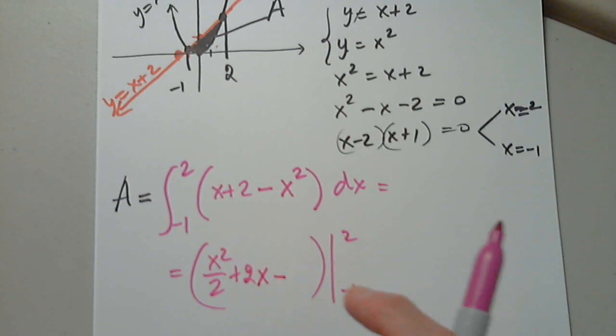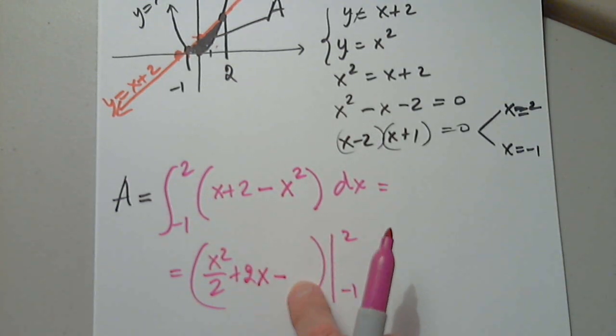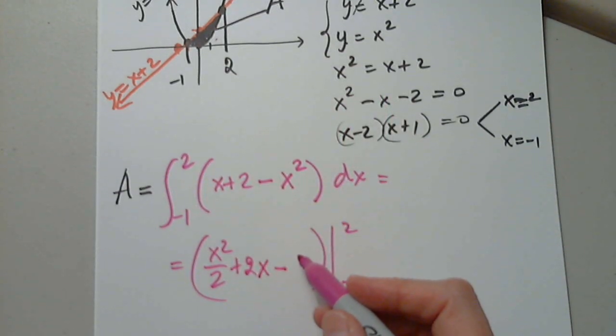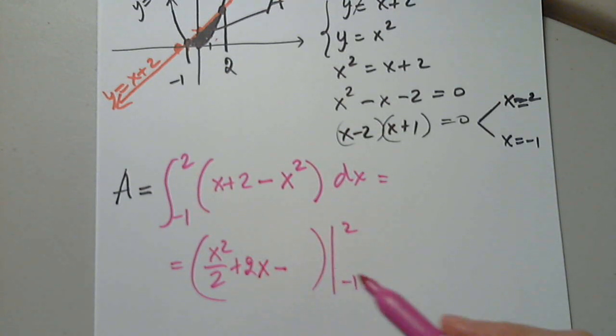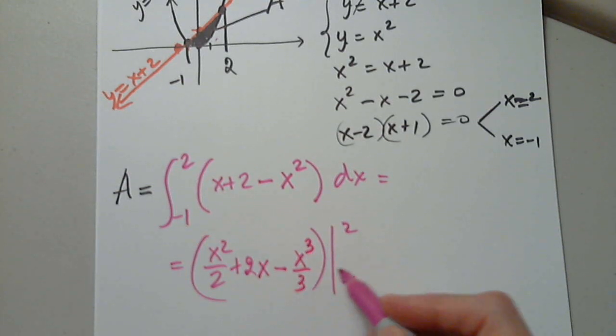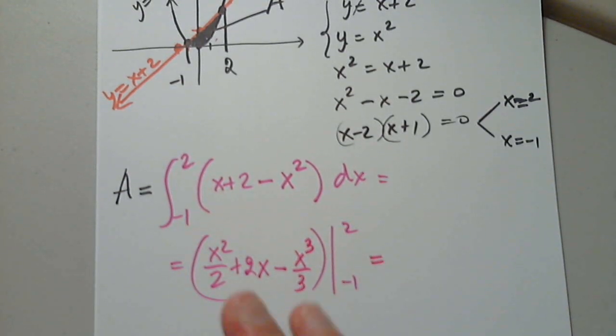Very good. Minus. Which function do I differentiate to get x squared? x cubed over 3. Thank you so much. Again, I have to plug in 2 and then subtract when I plug in -1.